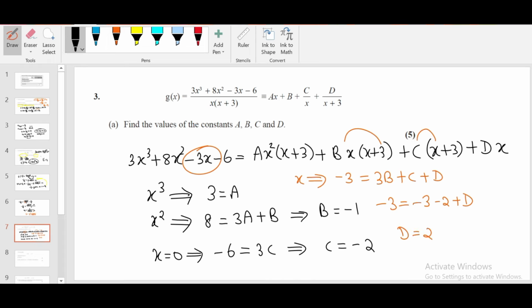But always at the end, write this using the values of a, b, c, d. a is 3, so 3x, b is minus 1, c is minus 2, put it as a common minus 2 over x, d is positive 2 over x plus 3. That's all. It's an easy 5 marks from this P4.